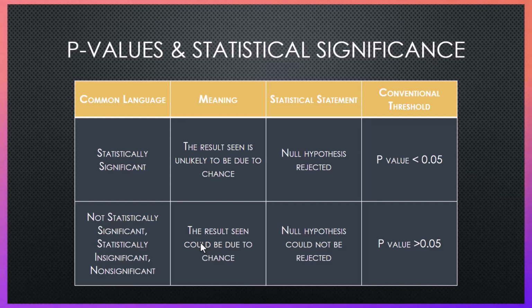When something is not statistically significant or statistically insignificant, you might also hear non-significant, this means that the results seen could be due to chance, and the null hypothesis cannot be rejected. Here, the p-value is greater than 0.05.